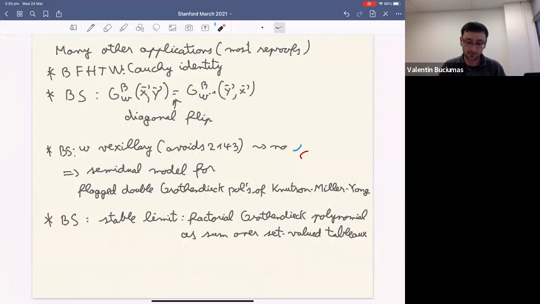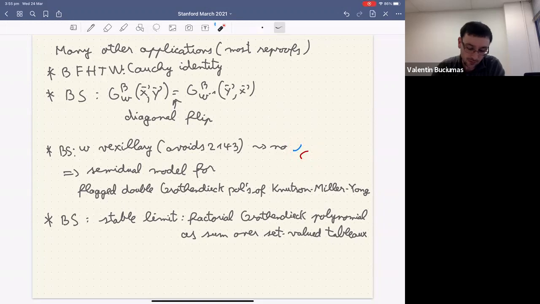Okay, some other applications. You can specialize. What Travis and I do is specialize to W a vexillary permutation. This means it avoids the pattern 2, 1, 4, 3. In particular, what this implies for our model is that there won't be any configurations that look like this for the vertices.